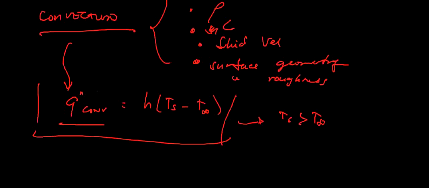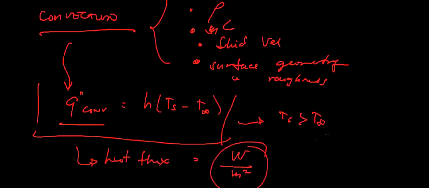Here, the symbol q is the rate of convection heat transfer, or the heat flux, in watts per unit area.